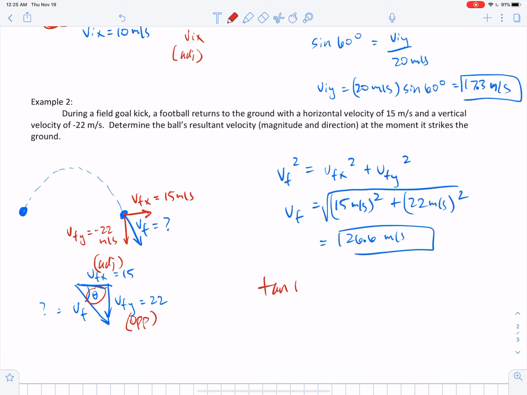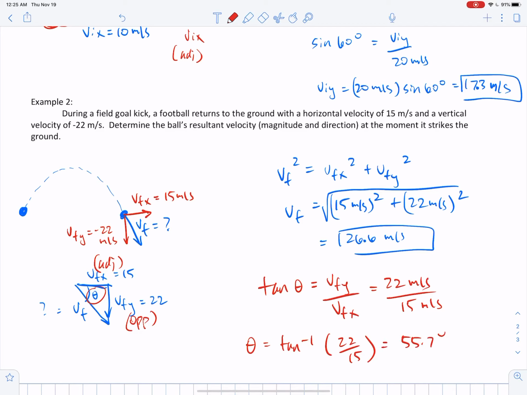The tangent of this angle is VFY over VFX, opposite over adjacent. So that's 22 meters per second divided by 15 meters per second. Okay, how do I get theta all by itself? I take the inverse tangent. So theta is the inverse tangent of 22 over 15, which is 55.7 degrees.